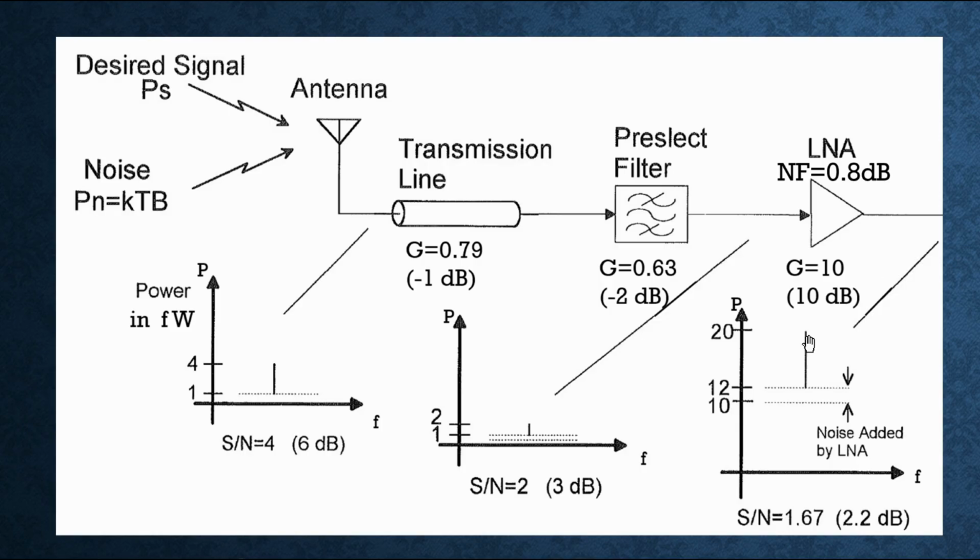And so our signal to noise ratio is 20 over 12, which is 1.67. And if we map that to dB by using 10 log of this number, we get 2.2 dB. So we went from 6 dB down to 2.2 dB, even though the noise figure of our LNA is only 0.8 dB.